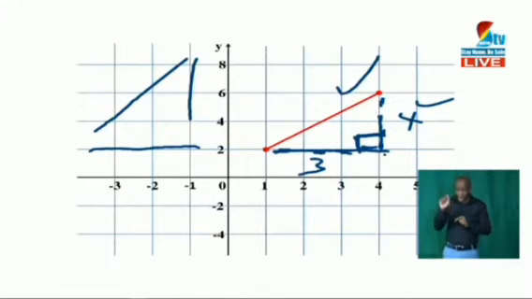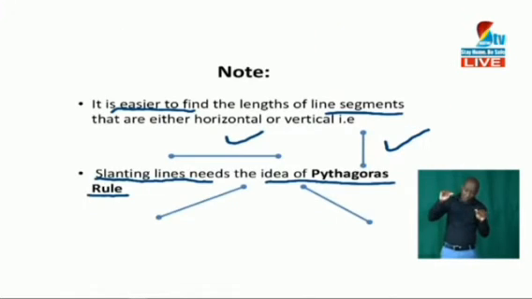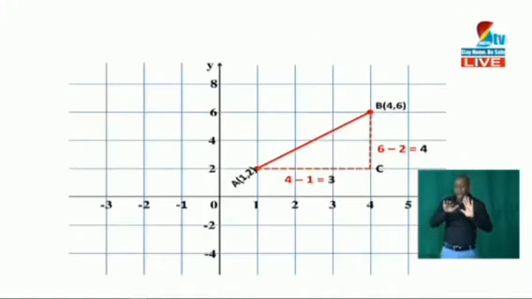So we can go back now to our slanting line. Let's use the idea of Pythagoras theorem to find the length. Here is our slanting line. We had already found this side was 3, the other side was 4, so we can skip this.